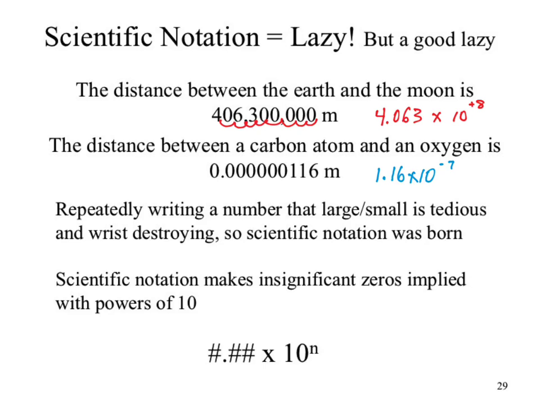If I had to convert the other direction, it's a positive 8, which means my number needs to get bigger or smaller? Bigger. Should I shift the decimal this direction? No, because that's now making it smaller. I need to shift the decimal this way.